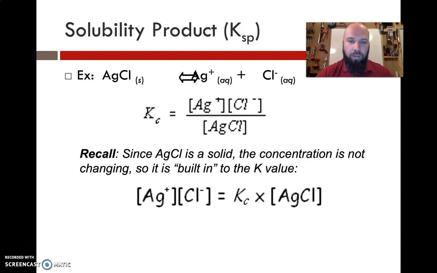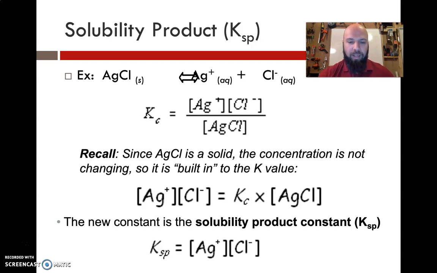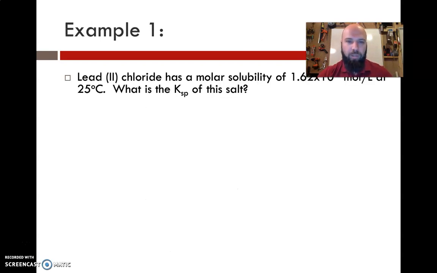So the solubility product is defined by that equilibrium factor times whatever the solid may be, and given that, the KSP is just the multiplied concentration of the ions. So that's the definition of the solubility product.